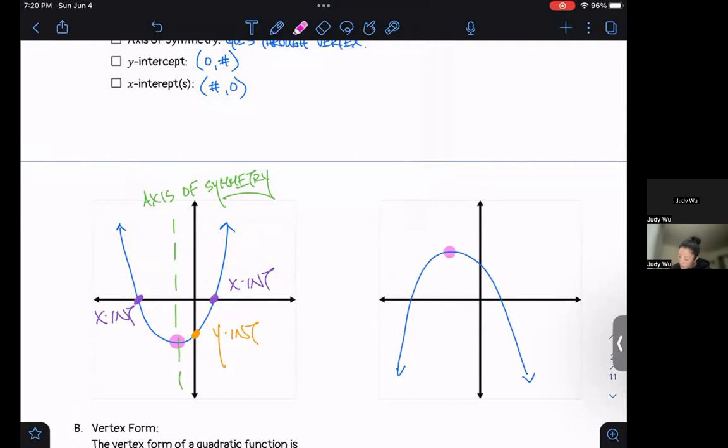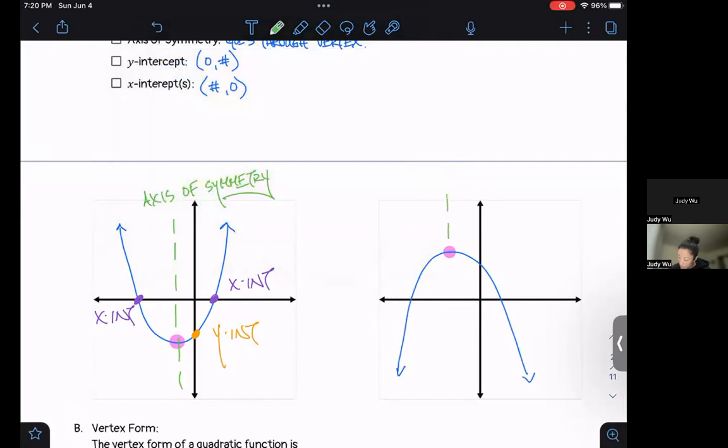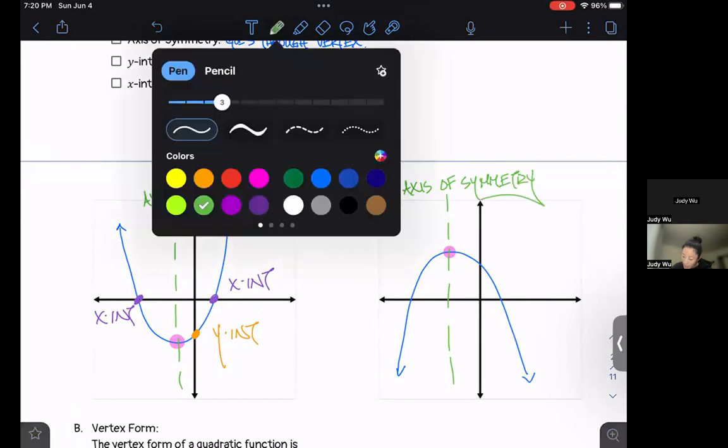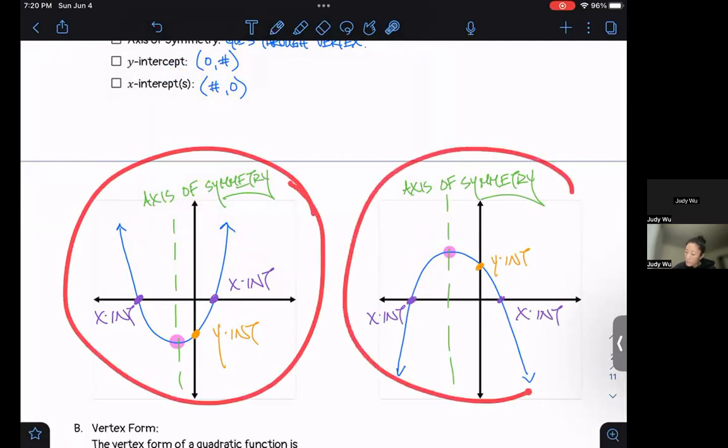We still have a vertex, we still have an axis of symmetry, we still have a y-intercept, and we still have x-intercepts.